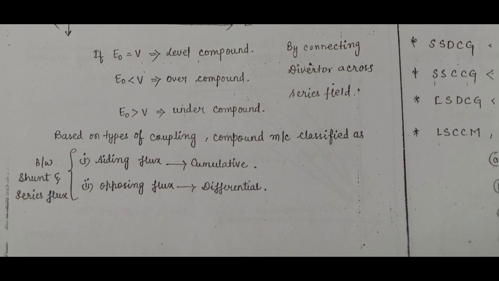Based on the type of coupling, a compound machine is classified as aiding flux, cumulative, or opposing flux, differential, between shunt and series flux.